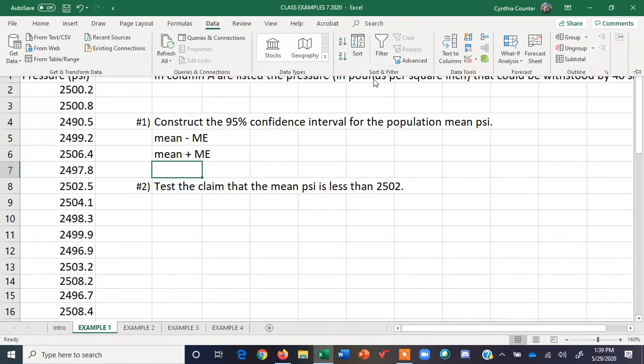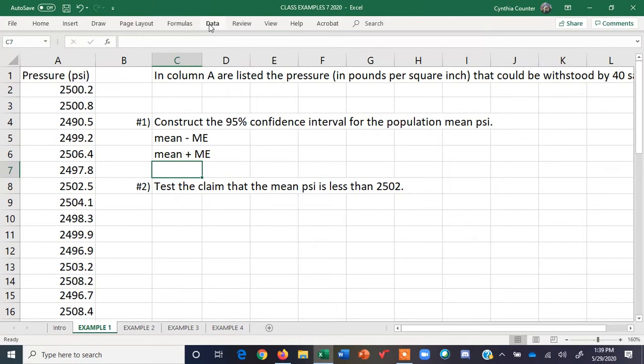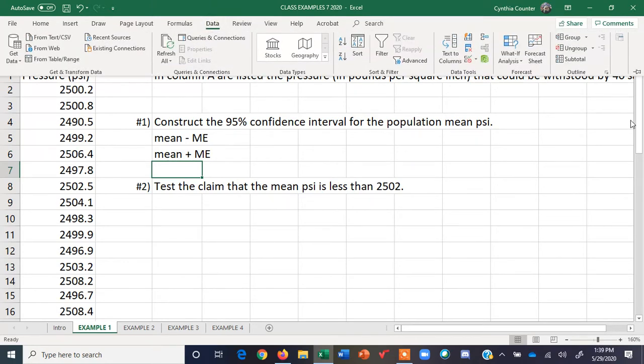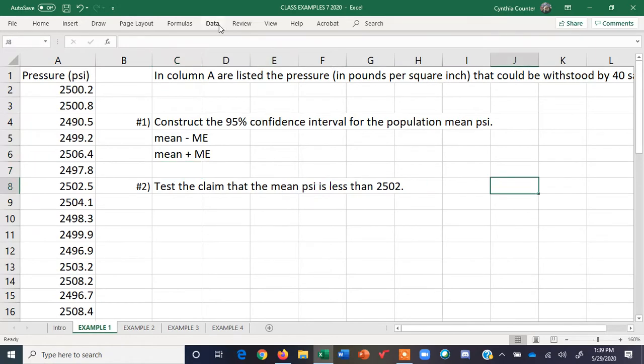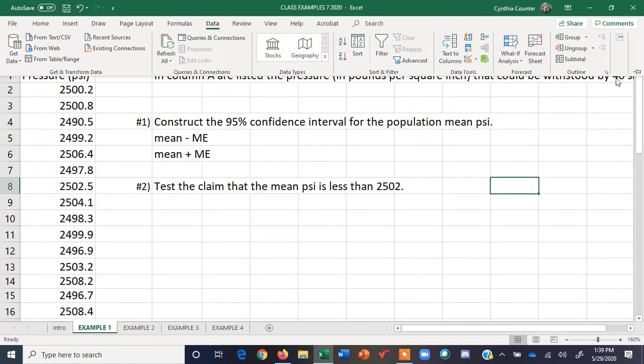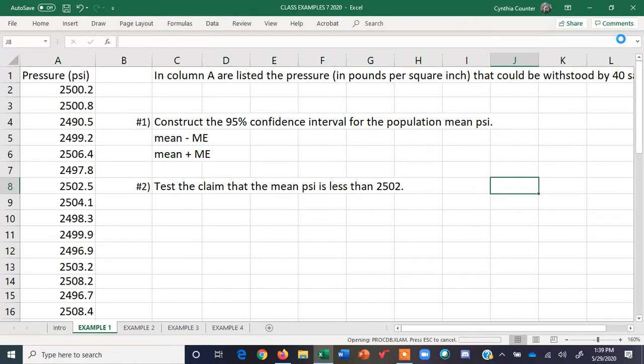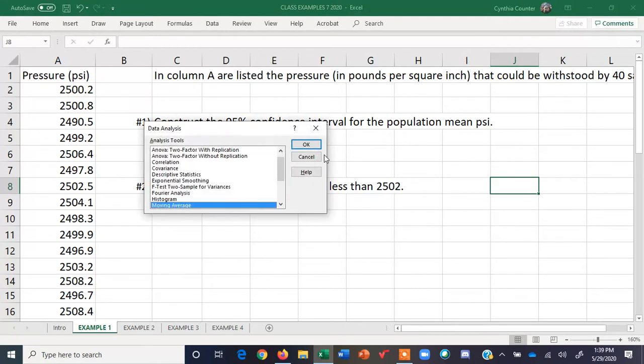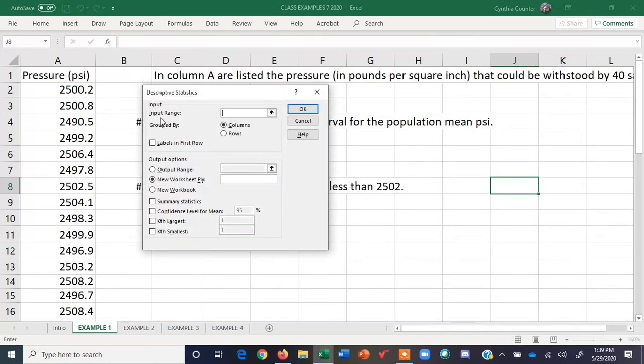We can quickly find the margin of error using the data analysis tool. So when you go to Data, then we are going to go to Data Analysis. There's the data analysis tool. And we are going to go to Descriptive Statistics. Our input range is all our data.